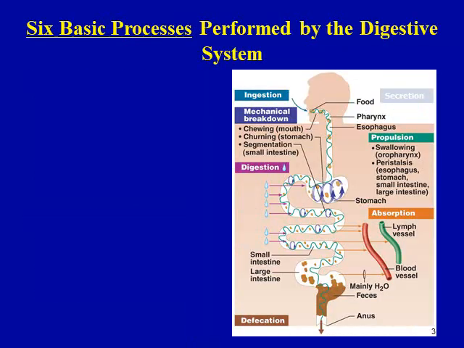These 6 basic processes are ingestion, which is the intake of food and liquid into the oral cavity, and then secretion, and these are watery secretions produced by glands present in the mucosa of the alimentary canal or its submucosa, as well as the accessory digestive organs, and they are of great help in helping the digestive process.